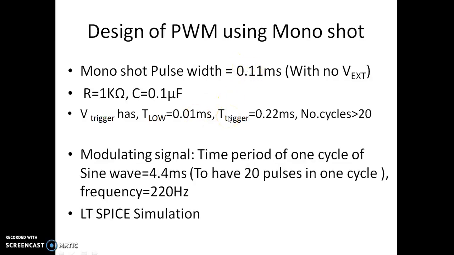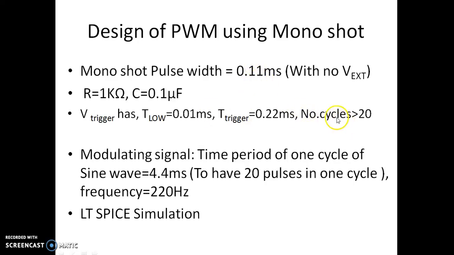But we know that the overall repetition time period of the trigger signal should be more than the pulse width. Here we are taking twice the pulse width, so the trigger signal period is 0.22 millisecond.